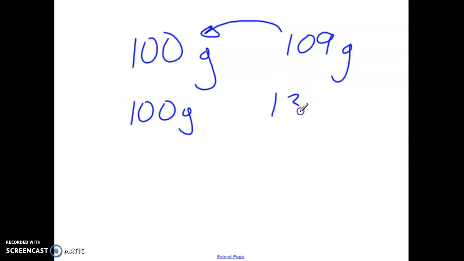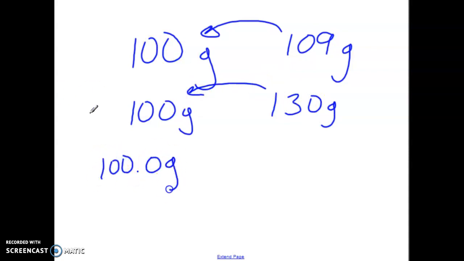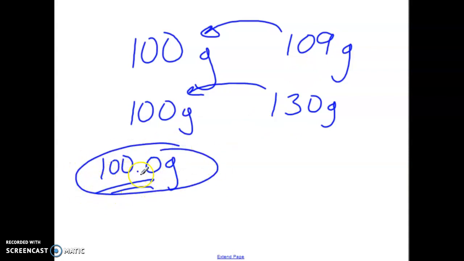If I had 130 grams, that would round to be 100. But if you say that it is 100.0 grams, what you're saying is this is not 101, 102, or 99. It's not a rounded value. You're saying that we know for certain that there is a decimal point and a 0 afterwards.